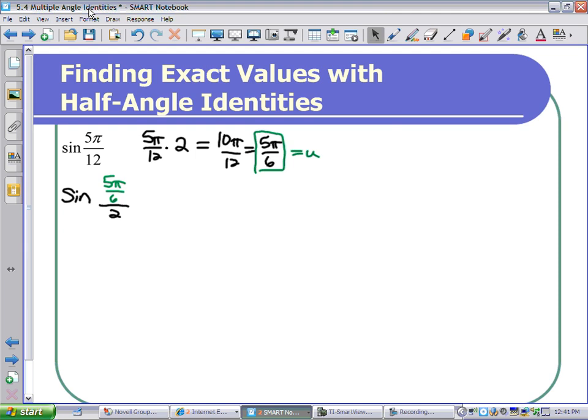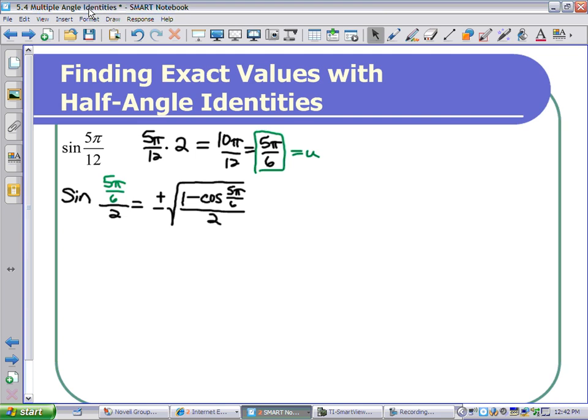So sine of 5 pi over 6 over 2 is the same thing as the positive or negative square root of 1 minus cosine u, and u being 5 pi over 6, all over 2.